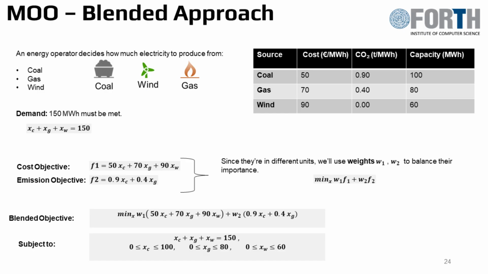The blended objective becomes a weighted sum of cost and emissions. By adjusting the weights, we control the importance of each goal. The constraints remain the same: demand must be satisfied, and production must stay within capacity limits. So the blended approach transforms a multi-objective problem into a single aggregated objective where trade-offs are controlled through carefully chosen weights.